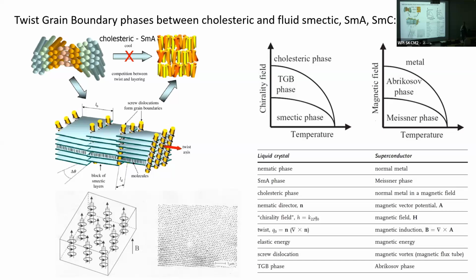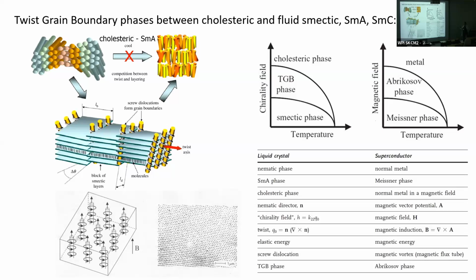And then it was realized from a synthetic point of view already 1 year later by John Goodby. And that's why I'm saying Dave Walba could have done this 5 years earlier if he would have known that there was a TGB phase, that it actually existed.